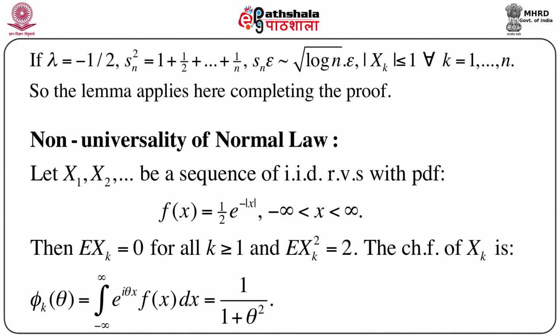If lambda equals minus half, then Sn square equals 1 plus 1 by 2 plus up to 1 by n. That means Sn into epsilon equals square root of log n into epsilon. And we also know that modulus of Xk is bounded for k equals 1 to n. So, the lemma applies here again, and that actually completes the proof.